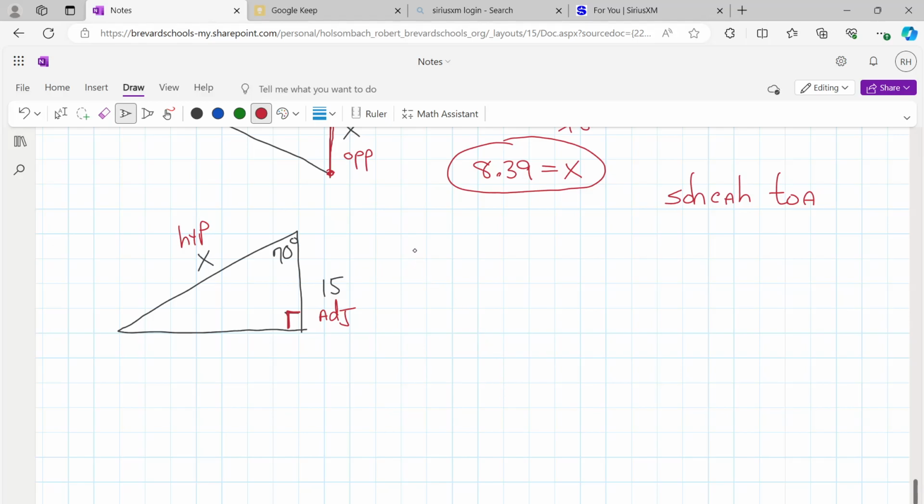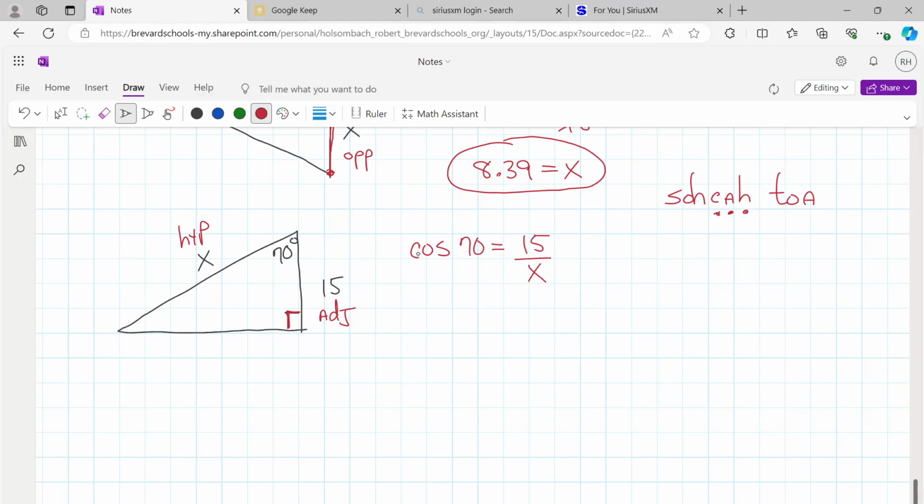Cosine. So we write cosine 70 equals the adjacent side, which is 15, over the hypotenuse, which is the variable. Cosine equals adjacent over hypotenuse.